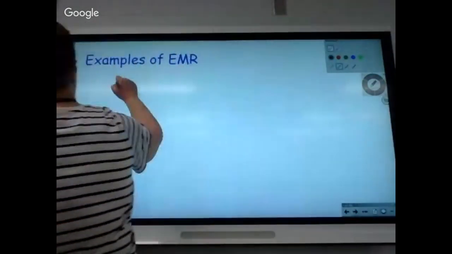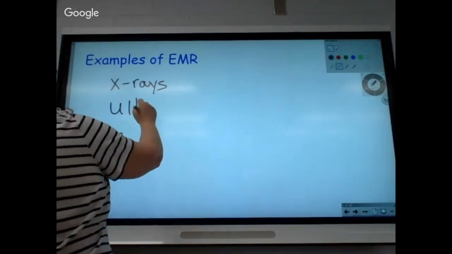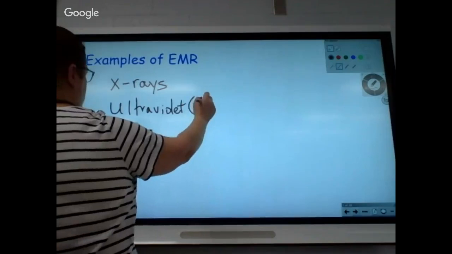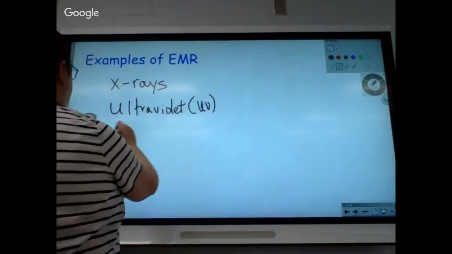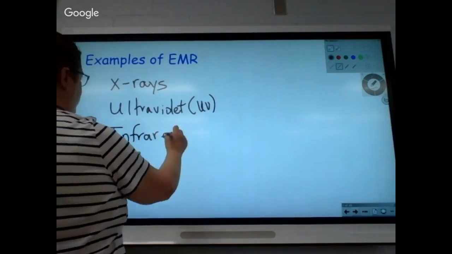So y'all said X-rays, UV, which is ultraviolet for any of you who might not have known what that was. Infrared is abbreviated IR.